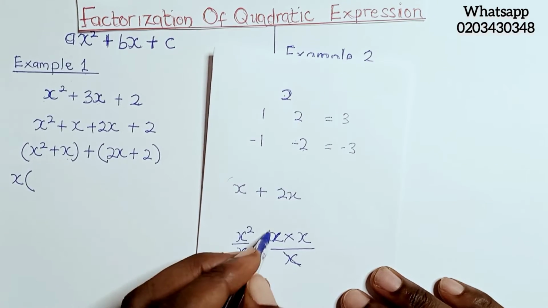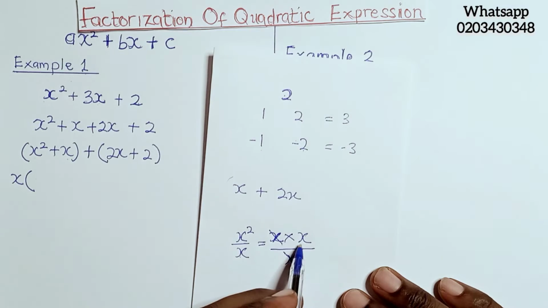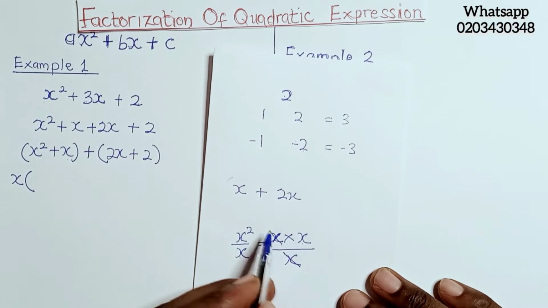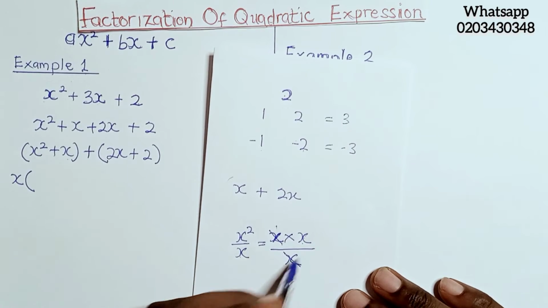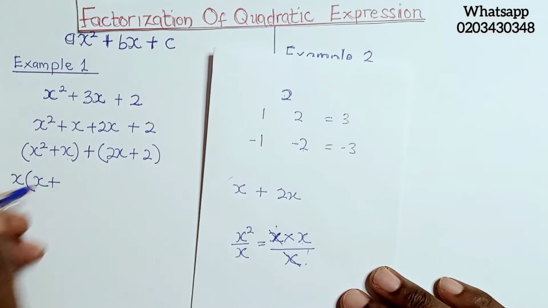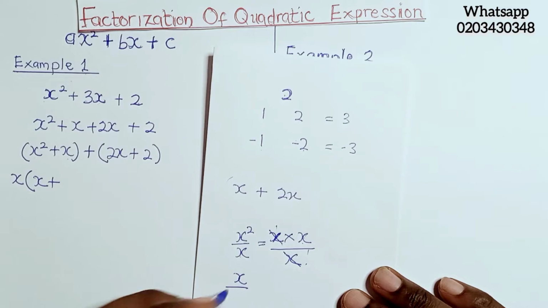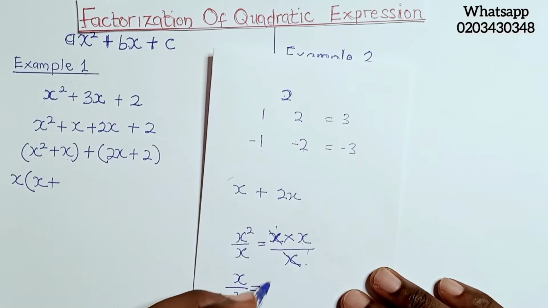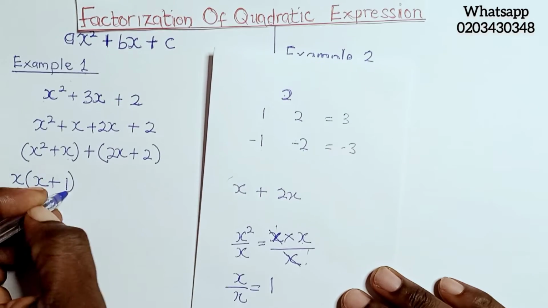So we can cancel one of the x, leaving x. So the first term is x, plus the second one, x divided by x, is equal to 1. And put it here.